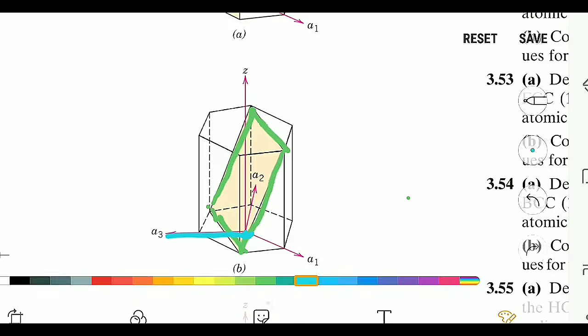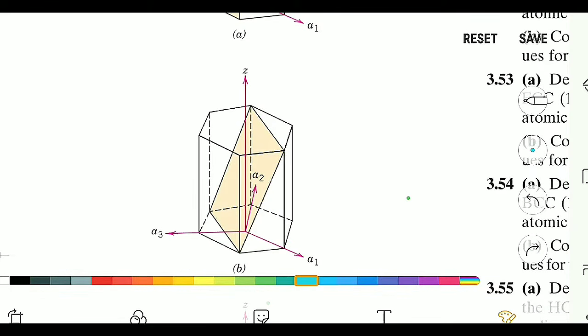The green line you can see here is intersecting the 3 axes at some point, at the basal region. For the z intercept we'll do it later, but first let us see where the plane is intersecting the a1, a2 and a3 axes. For that, let me remove these colors.